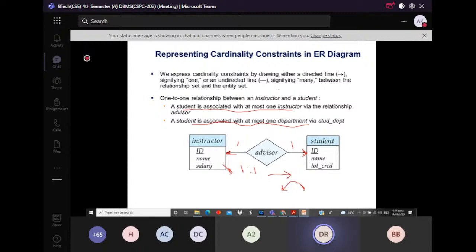So you can see cardinality constraints are represented by drawing either a directed line or an undirected line signifying many. If a directed line is there, then that means one. If an undirected line is there, then it means many.